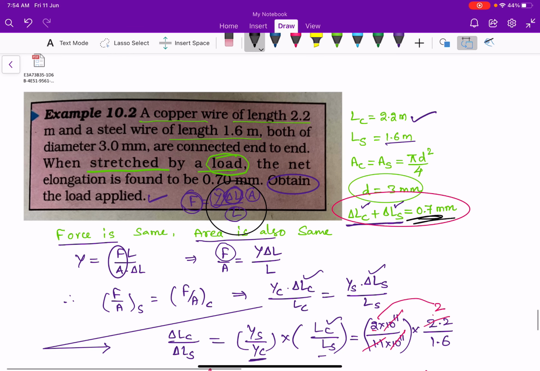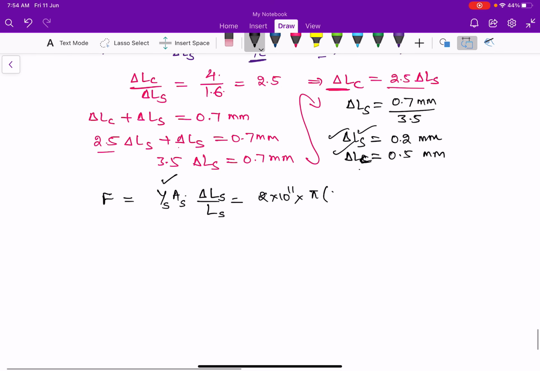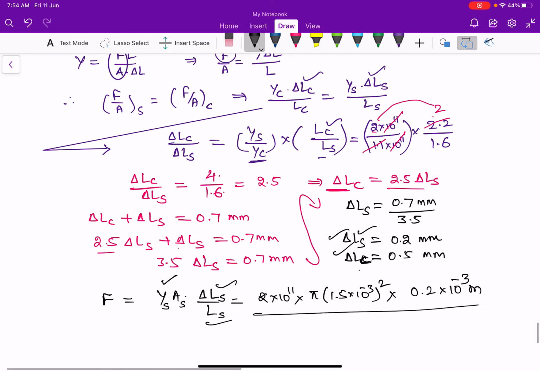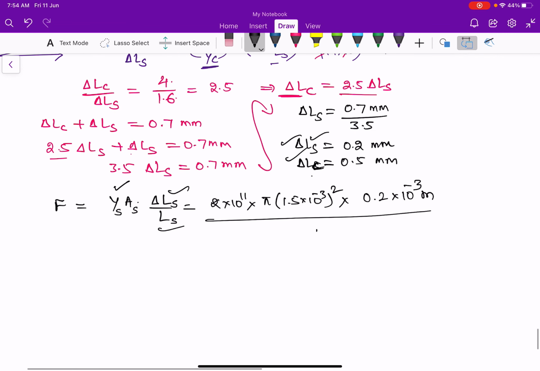Diameter is given as 3 mm, so radius is half of the diameter, that is 1.5 mm. Area is pi r square, that is pi times (1.5 into 10 to the power of minus 3) whole square. ΔLS is 0.2 mm, that is 0.2 into 10 to the power of minus 3 meters, divided by LS. The length of the steel is given as 1.6 meters. So by calculating you will get the answer for the load applied.